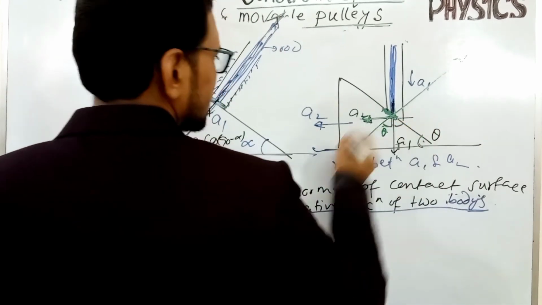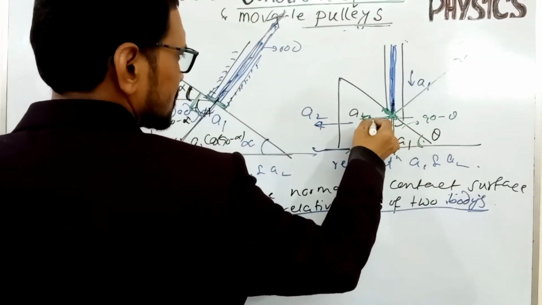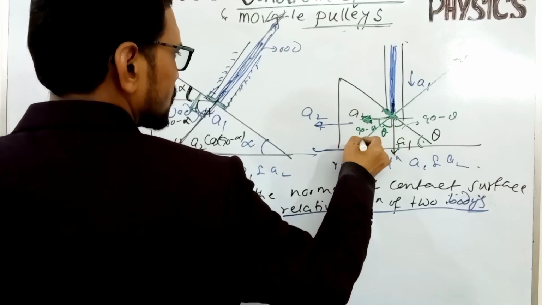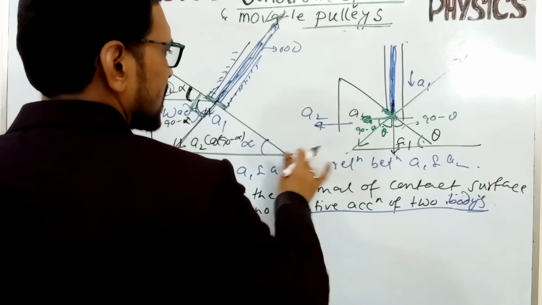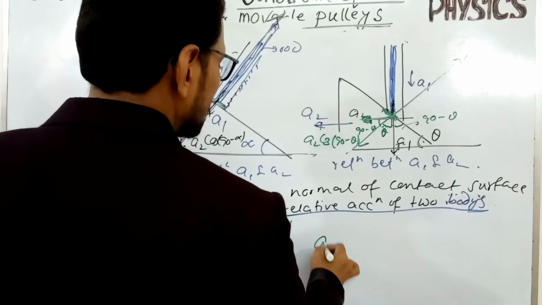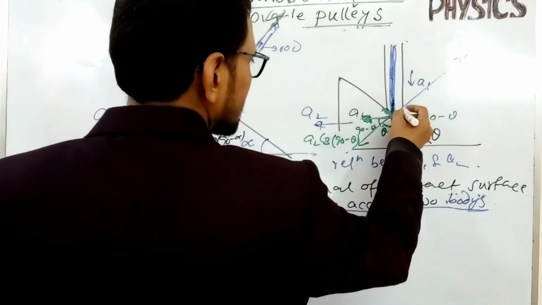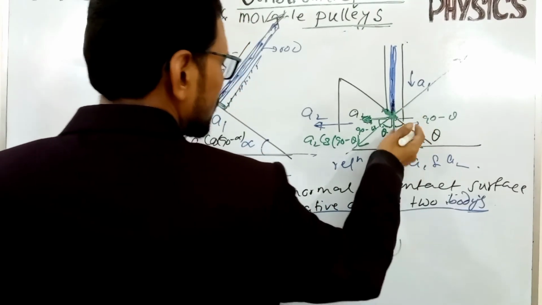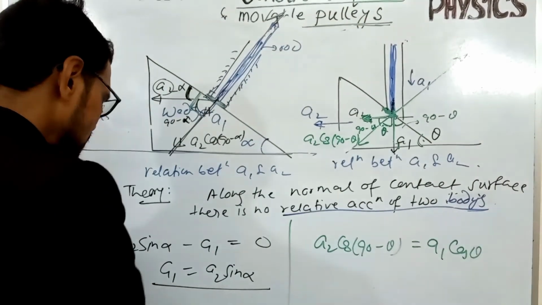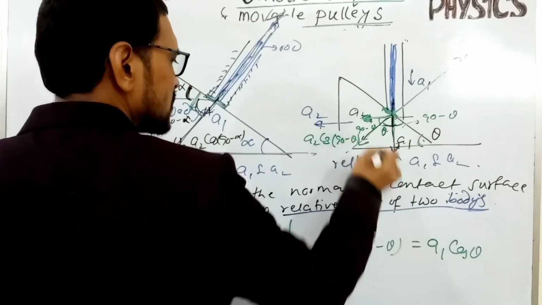The component of a2 along this direction is a2 cos(90 minus theta), and a1 is along this direction, so its component is a1 cos theta.